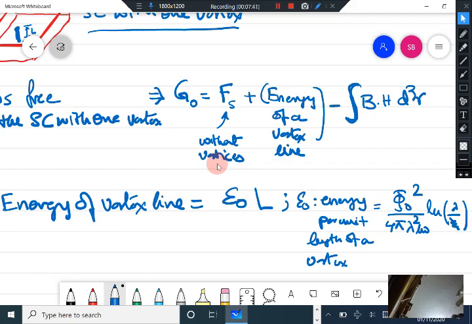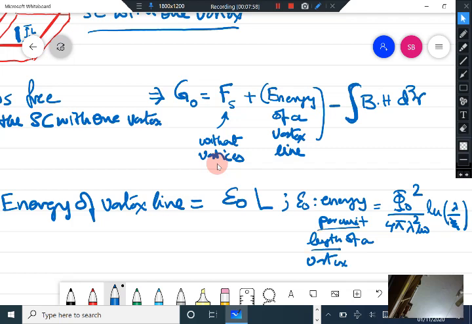If you recall, phi naught is the flux quantum. And L is the length of the vortex. This is the energy per unit length.